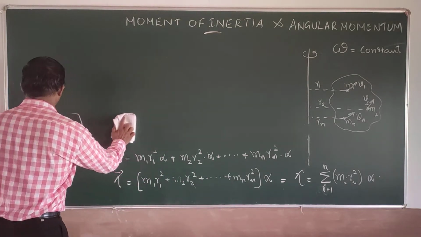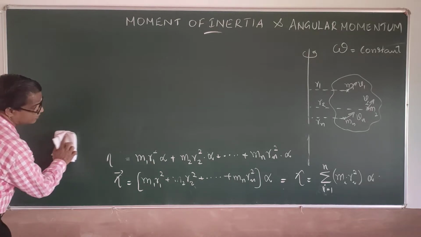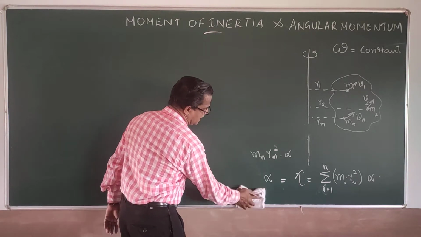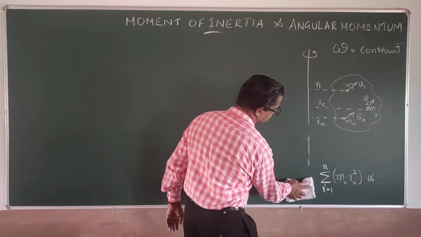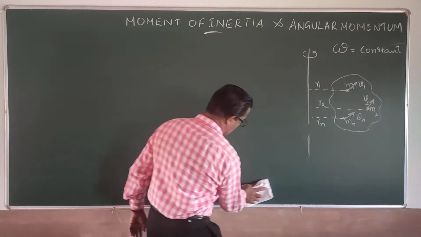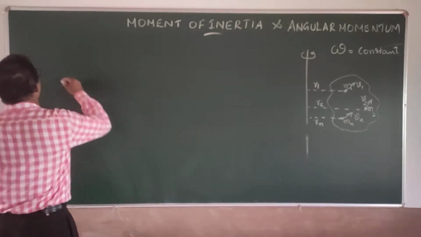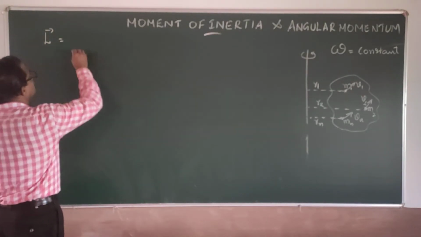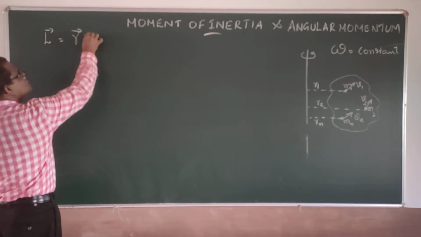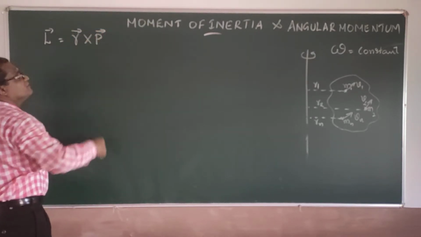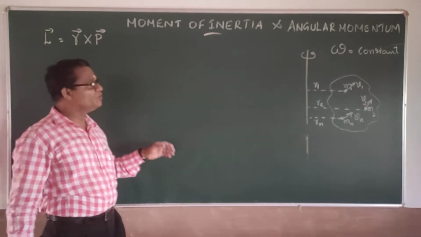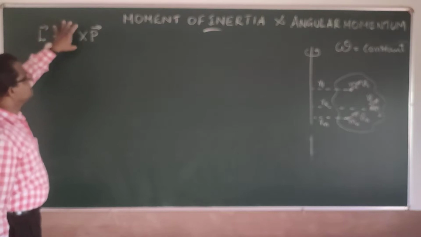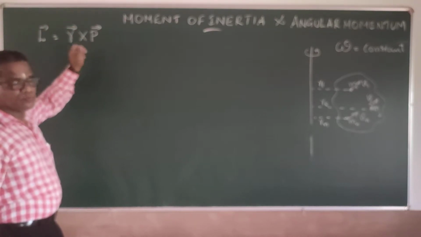Angular momentum L is equal to R cross P. This is the formula we had for angular momentum of the rotating body, where R is the vertical distance from the axis and P is the linear momentum.